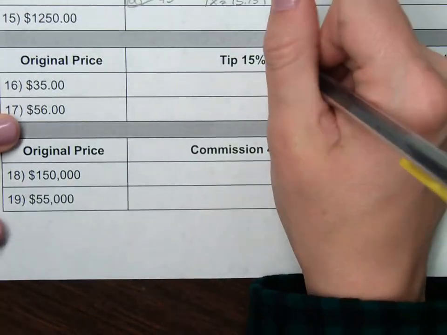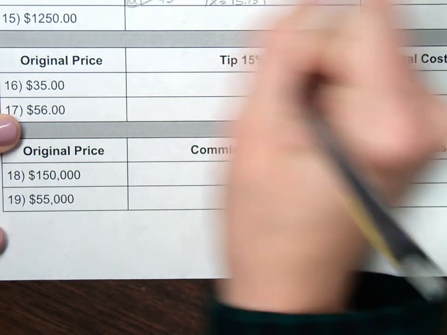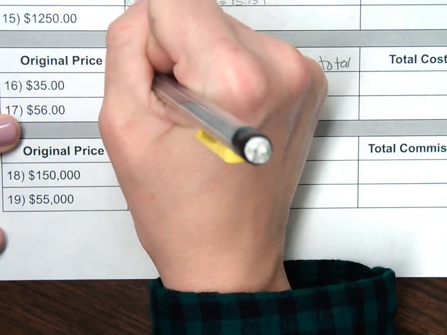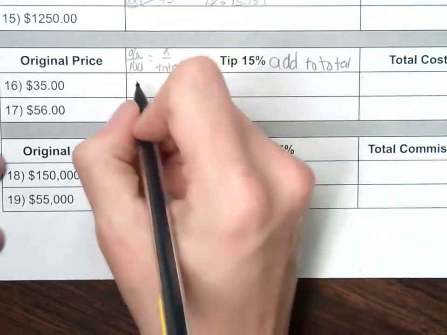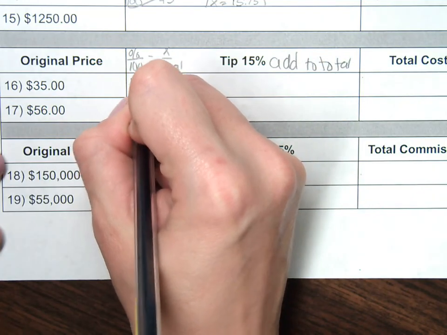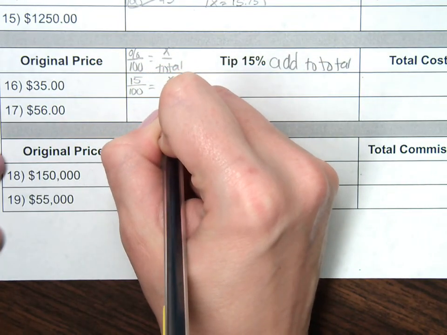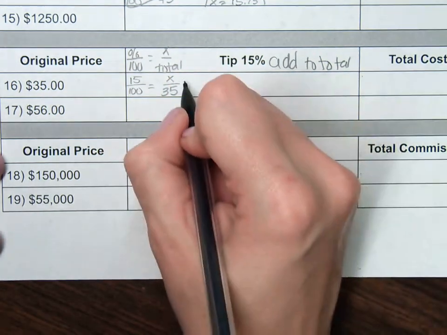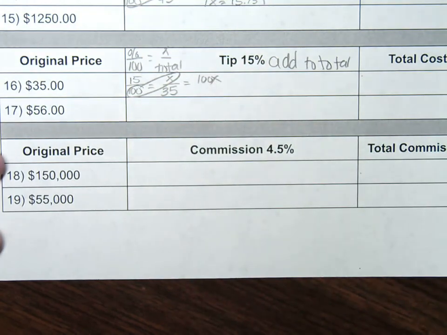Now for a tip, this is how much we are adding to the total. So again, percent over 100 equals X over the total. So I have my tip is 15% over 100 equals X over my bill was $35. Cross multiply. 100 times X is 100X.